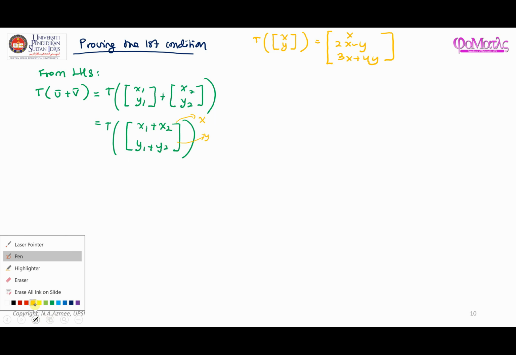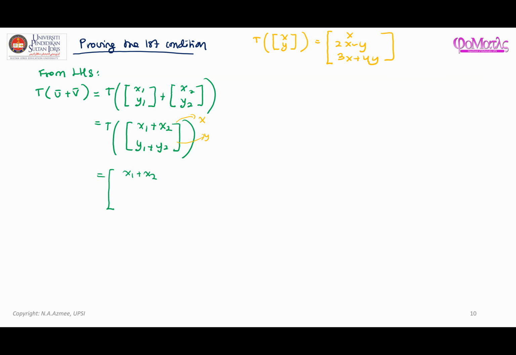Therefore, if we follow the given rule here, when you have this kind of input, the image is going to be, for the first component, just x, which is x1 plus x2. The next one is 2x minus y, which means 2 times this, minus y, so minus y1 plus y2.